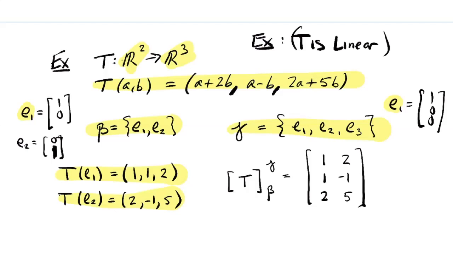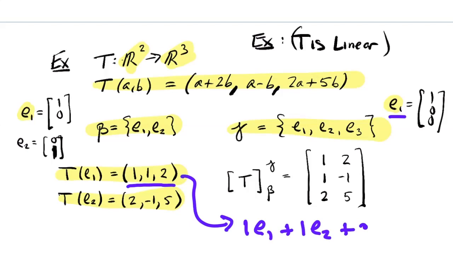So then I'm going to take these things, take this (1, 1, 2). Well, if I write it as a linear combination of the basis vectors over here, it's 1e1 plus 1e2 plus 2e3. Yeah, (1, 1, 2) is that linear combination of the standard basis vectors.